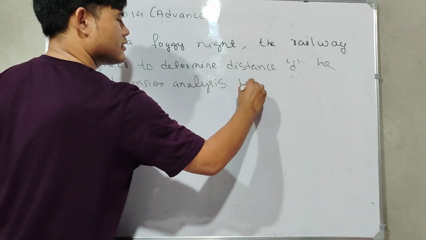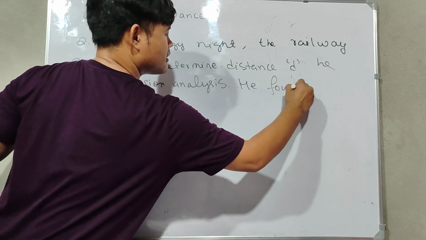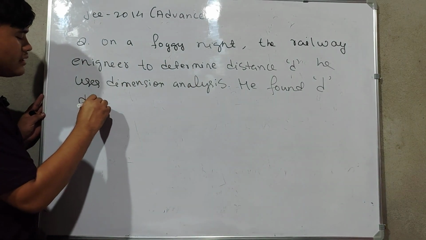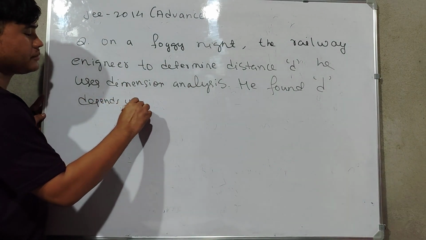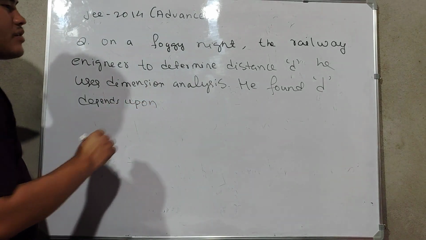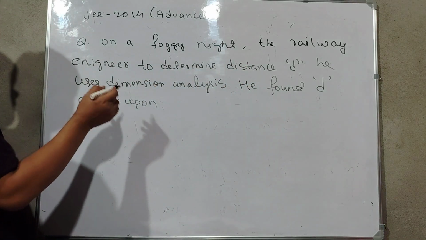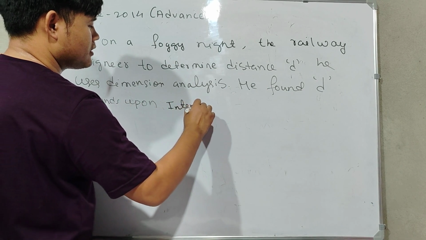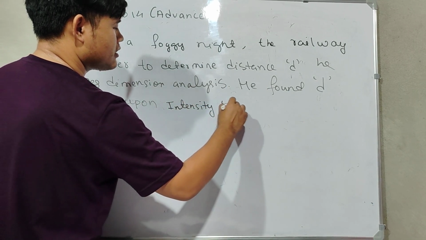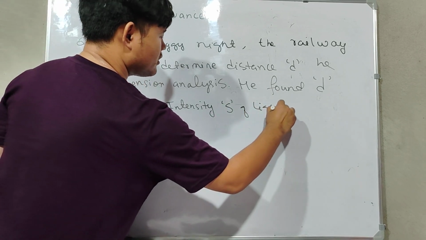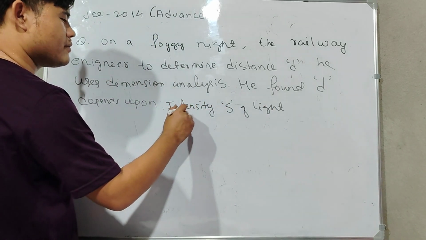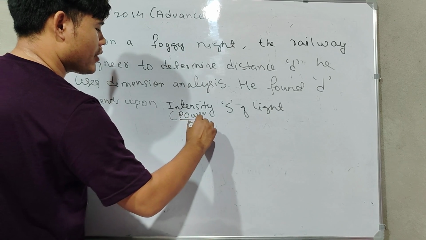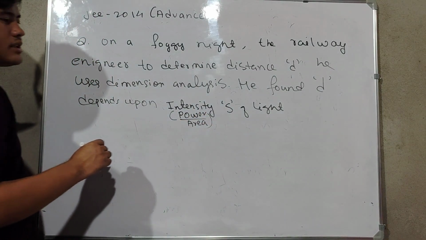So he found that distance D depends upon intensity S of the light. The intensity formula is given by power by area; it was already given in the question.